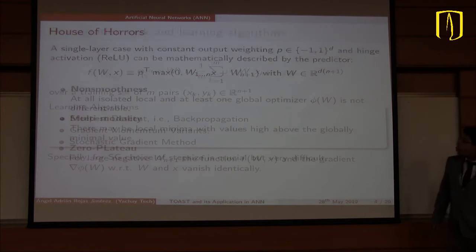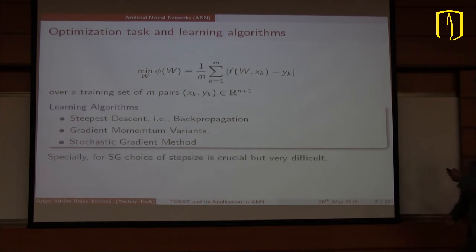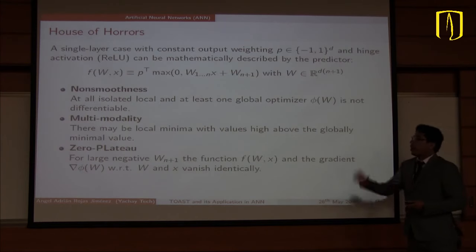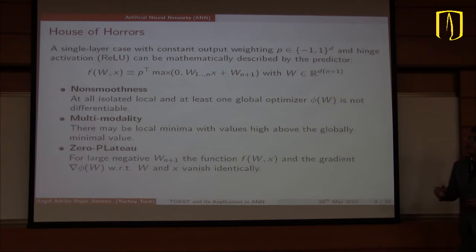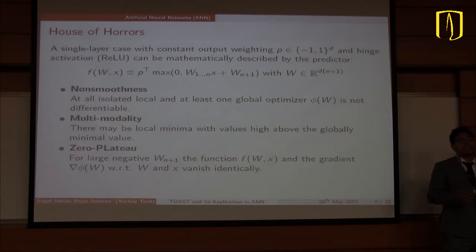Okay, so in order to solve this problem, we can see an example. A single layer case with constant output weighting, and the hinge activation function, also known as the rectifier linear unit, can be mathematically described as f.